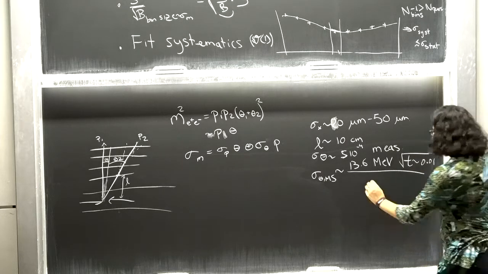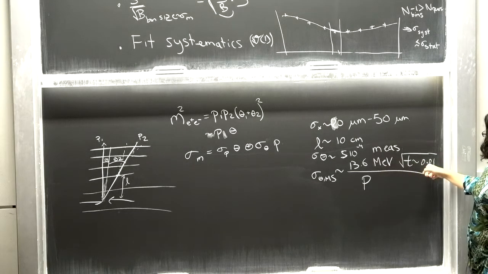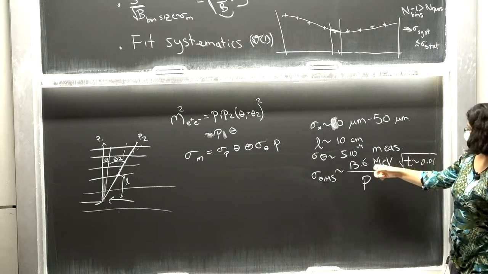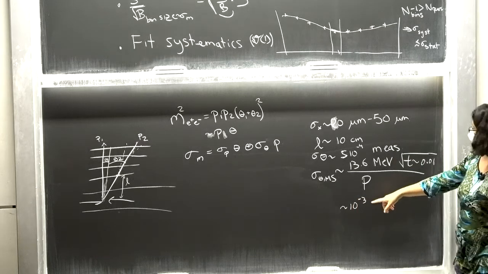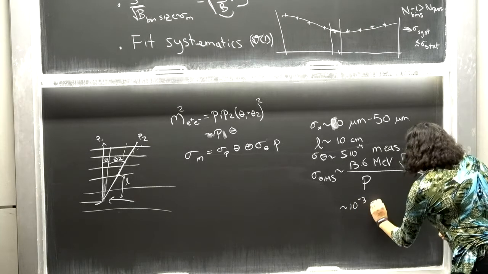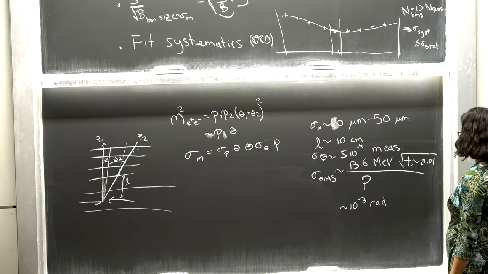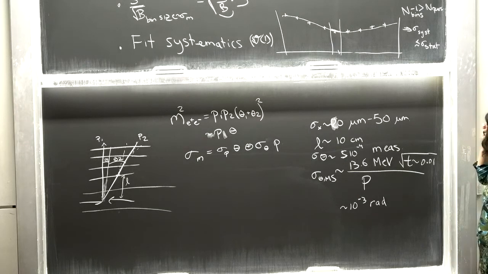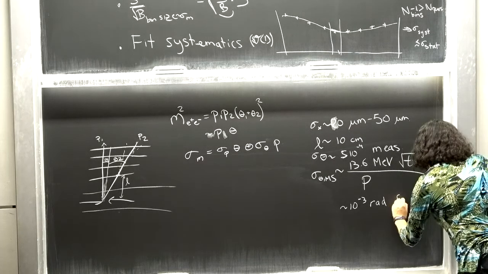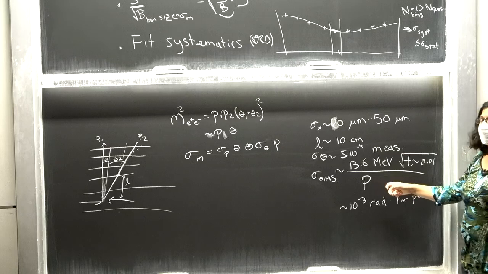That's the scale, divided by the total momentum. So if I put in 1%, just because it makes the math easy, that's an MeV. That's going to give you a 10 to the minus 3 radian resolution for P of order a GeV. This piece gets better at higher momenta.